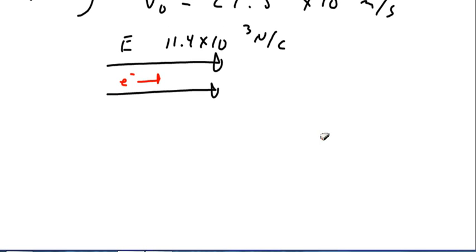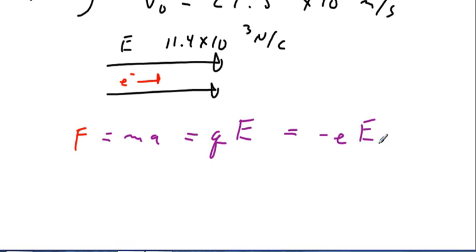Okay, so that being the case, the force on the electron is mass times acceleration, which is QE, which is minus e times the electric field. From that we can get that the acceleration is minus E, capital E over m.